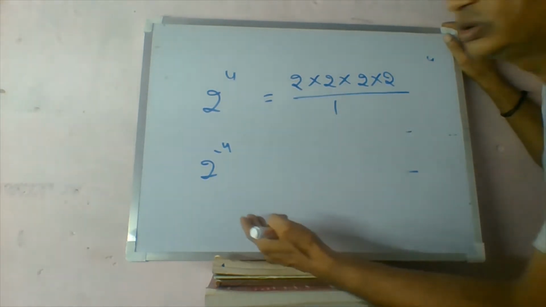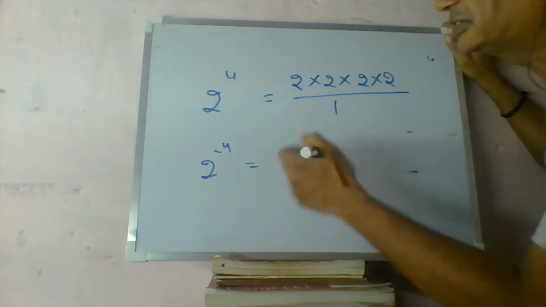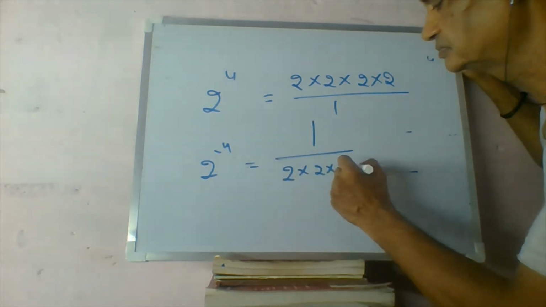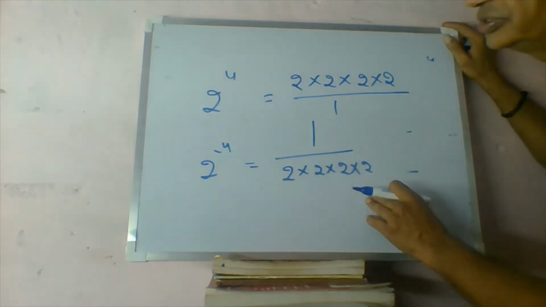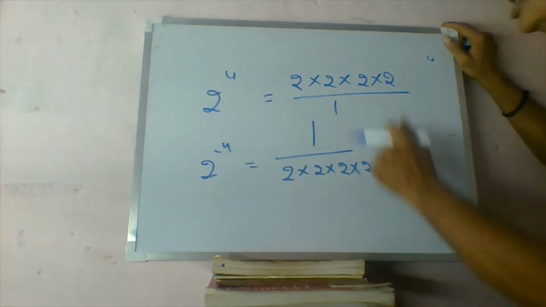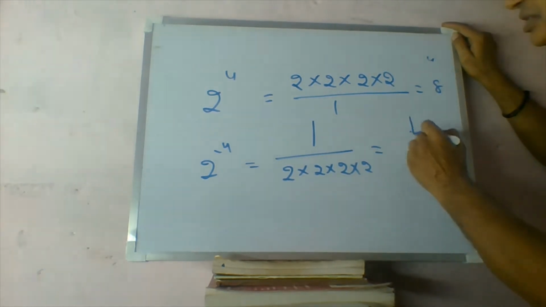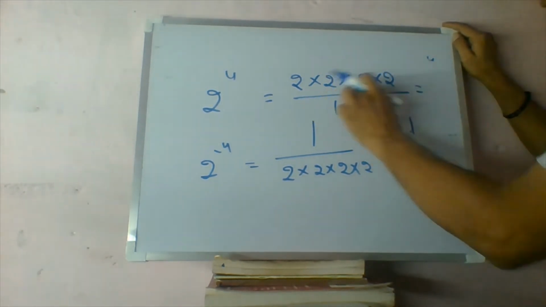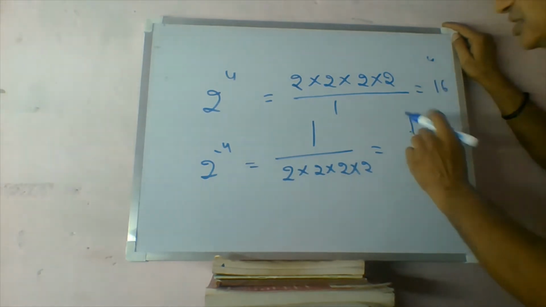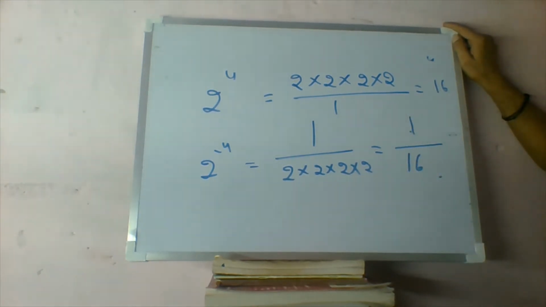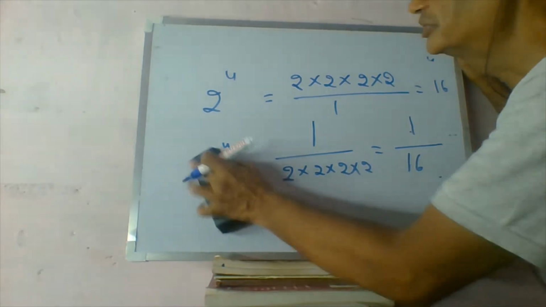But if it is 2 raised to power minus 4, that means in denominator, you have to multiply 4 twos. So it will be 2, 4, 8, 16 and it will be 1 by 16.